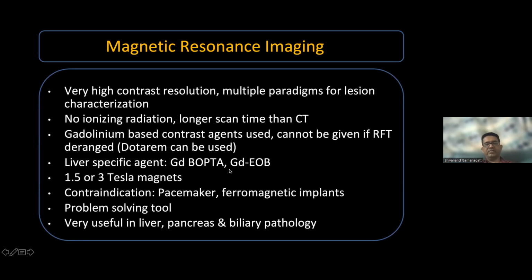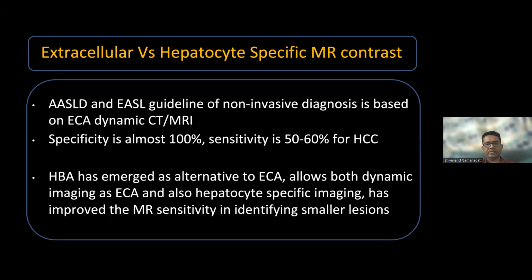The difference is that BOPTA has 8 to 10% biliary excretion, whereas EOB has 70 to 80% biliary excretion. Hence the imaging time of the gadolinium EOB is very short, and with gadolinium BOPTA we have to wait for 1 hour. And one of the problems with MR is obviously in patients with implants or pacemakers, it is problematic.